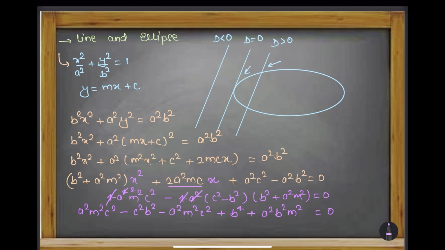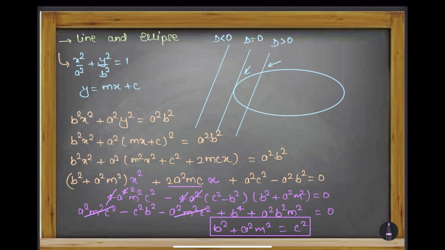Now look at this, the a square m square c square terms cancel, correct? Can I divide both sides by b square? Yes. So we will get b square plus a square m square equals c square. So this is the condition of tangency.